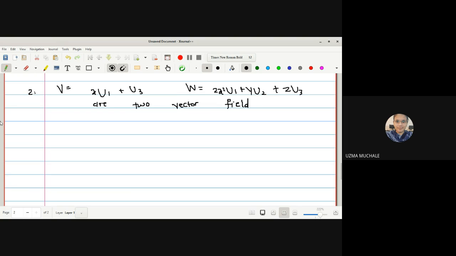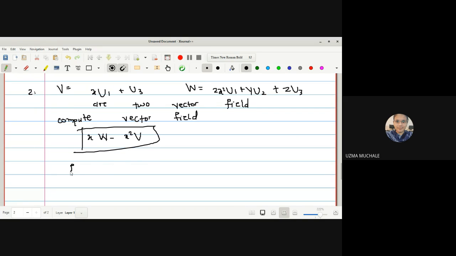These are two vector fields. Compute the vector field xW minus x square V. Okay, we have to find out the new vector field, xW minus x square V.